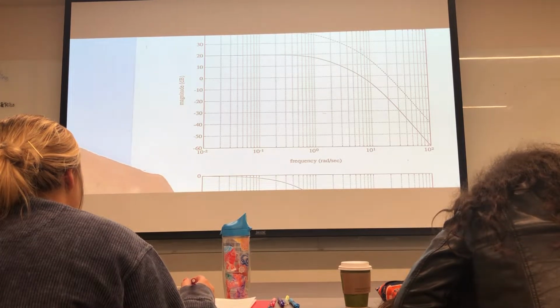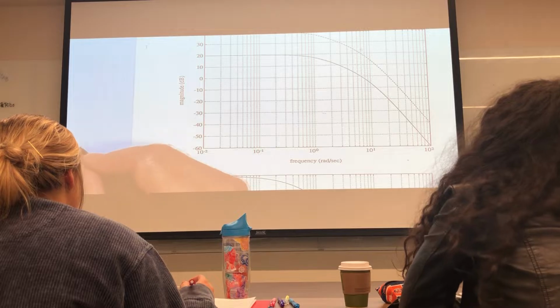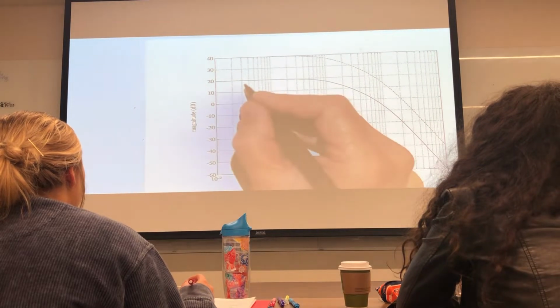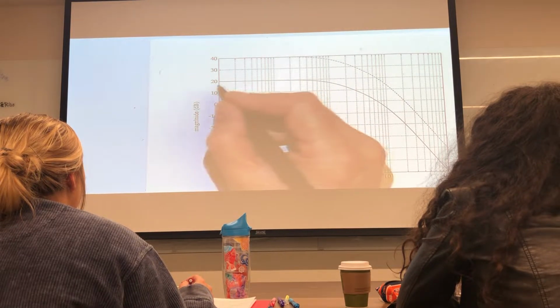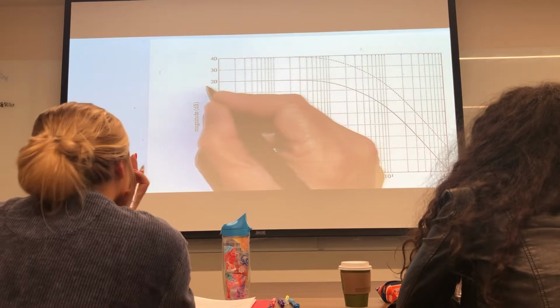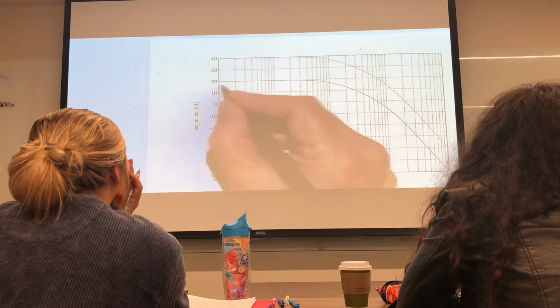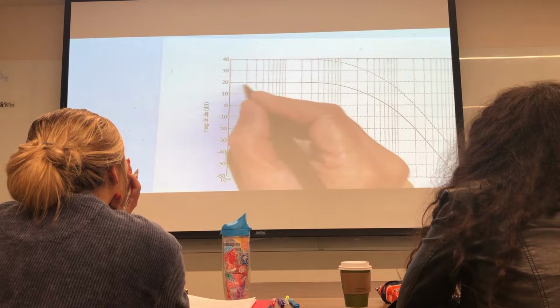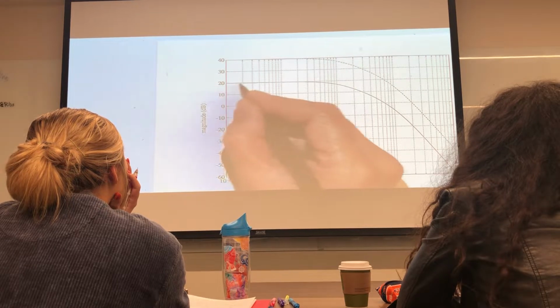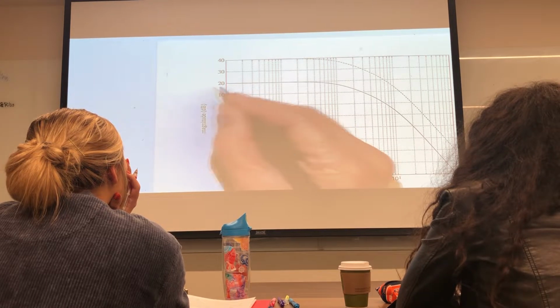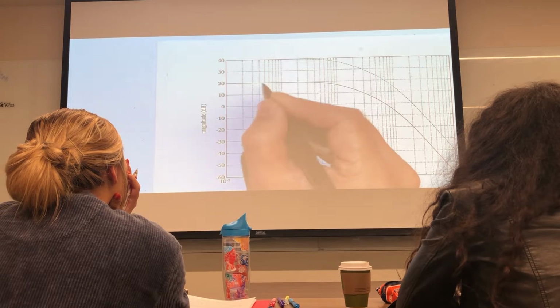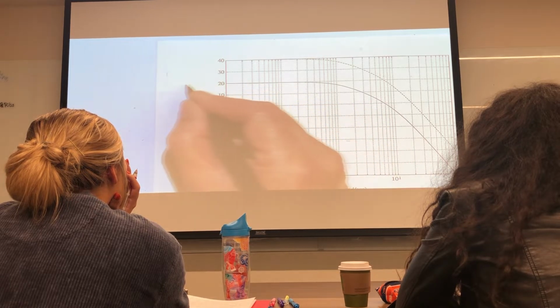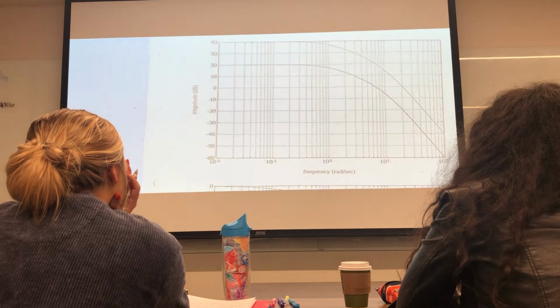So 0 is over here somewhere. So what am I going to do with this data? What would be a reasonable assumption? Extrapolate, right? Let's assume that it doesn't change.